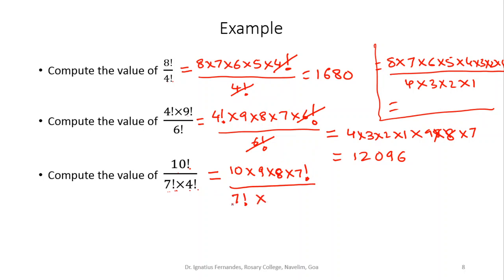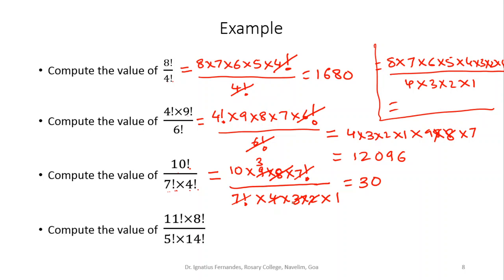This 7 factorial will cancel with this 7 factorial, and this 4 factorial I'll write as 4 into 3 into 2 into 1. 4 into 2 is 8, so this 8 will get cancelled, and 3 is the 9, so 10 into 3, 30. So the value of this expression is equal to 30.